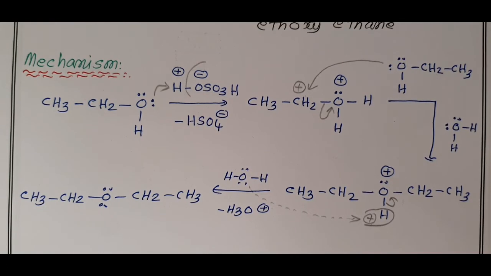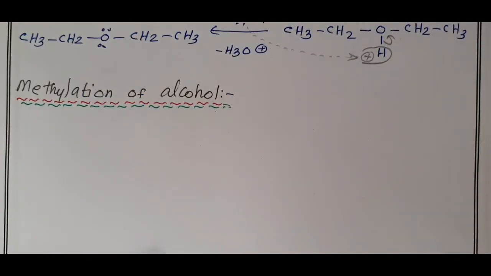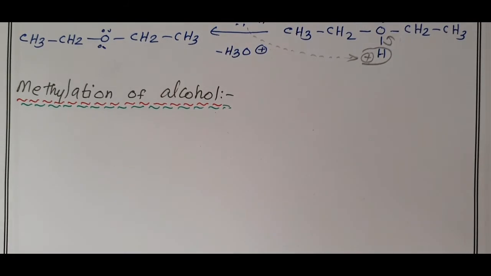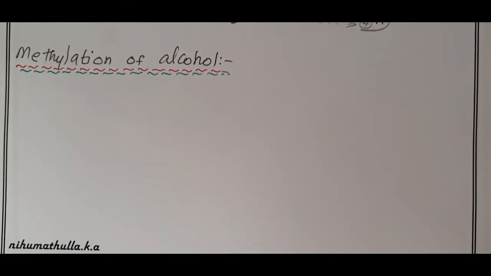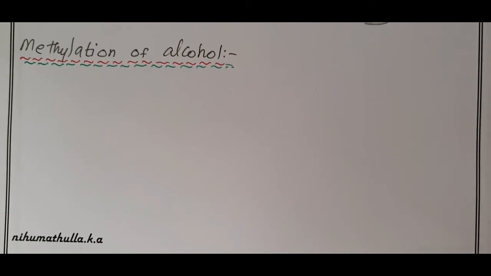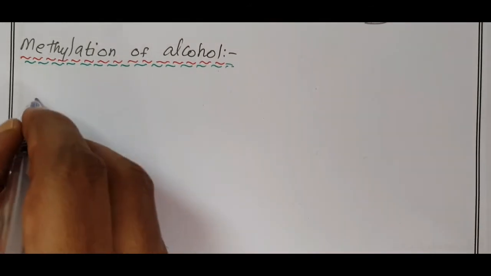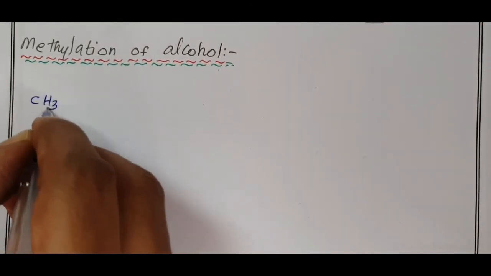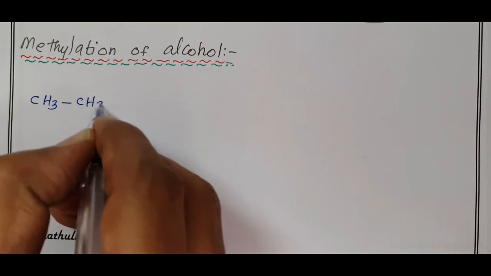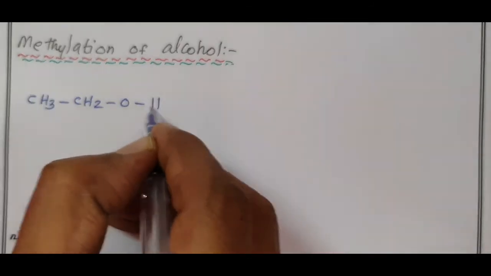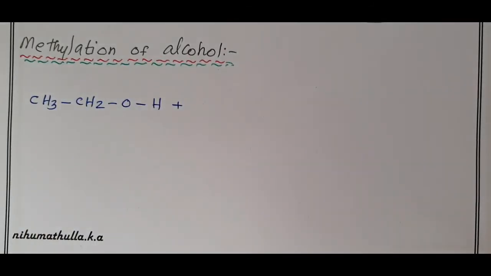Now we are going to discuss another preparation, of mixed ether. Methylation of alcohol is another method of preparation. Methyl ethers can be prepared by this method. Ethyl alcohol, ethanol, CH3CH2OH, is treated with a new compound.